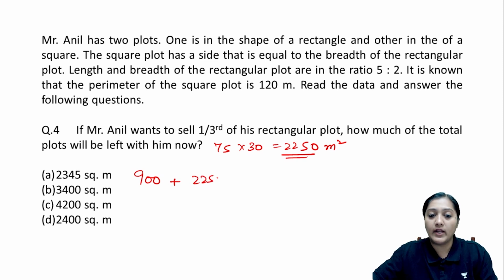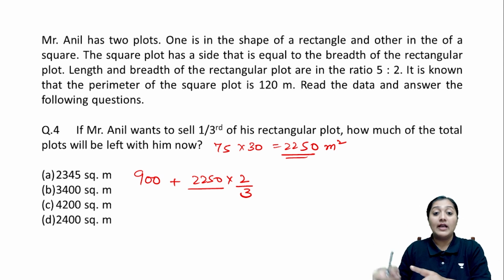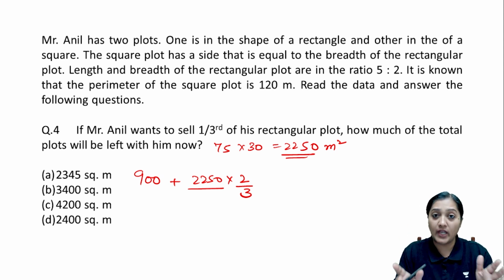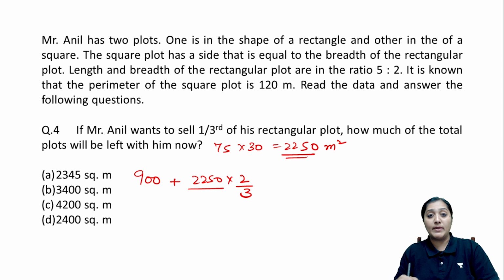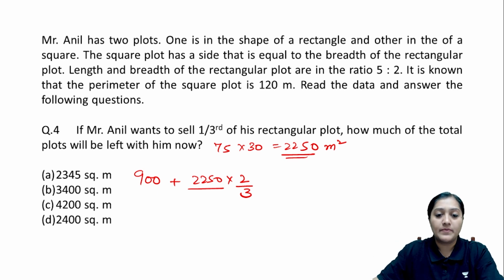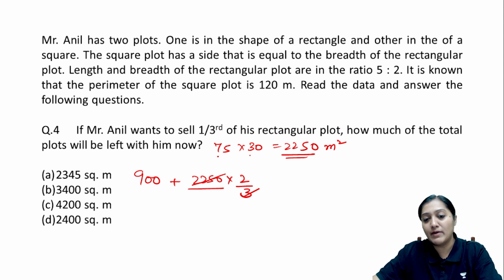So directly calculate 2/3 of it. Instead of calculating 1/3 and then subtracting it from the original rectangular plot and then getting कि अच्छा 2/3 अपने पास रखा है, no, don't do it this way. ठीक है, do it which way? यहाँ से cancel out होगा. See, 75 multiply कर रहे हैं 3 से, यहाँ 3 से divide कर रहे हैं, तो again it becomes simple. The answer would be 1500 only.